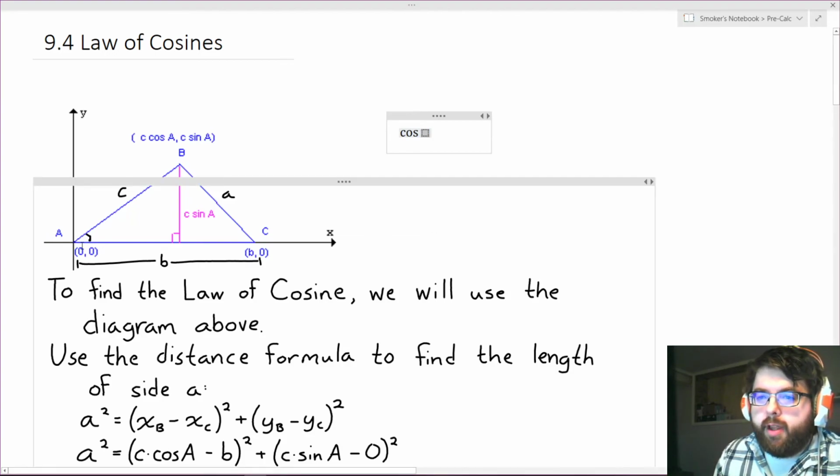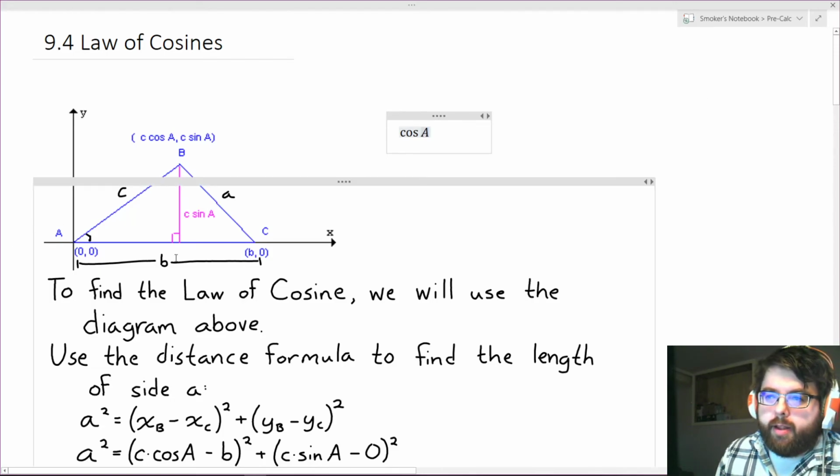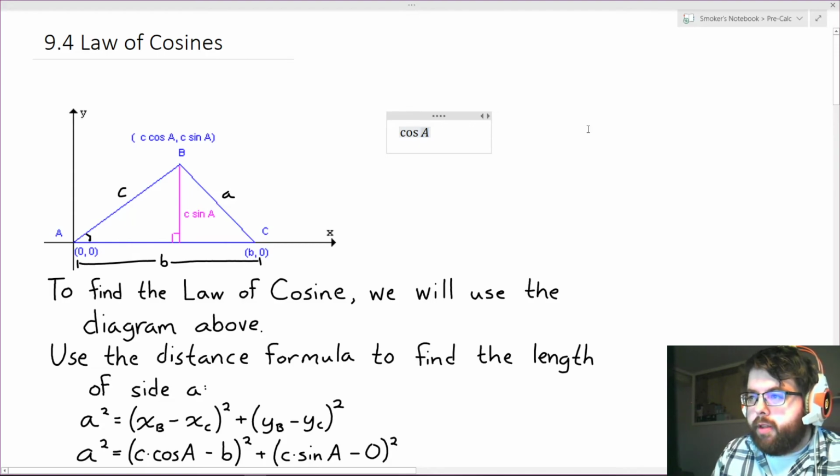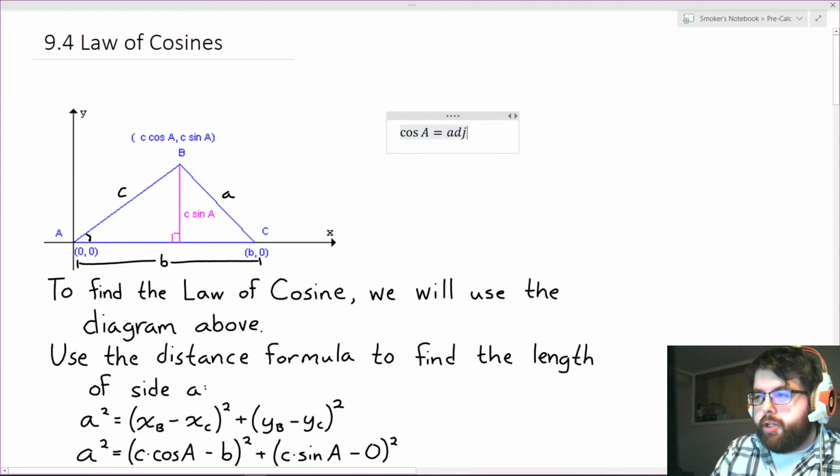I'm looking for this distance here, and the cosine of the angle A, whatever this angle is over here, I'm labeling it A, is equal to the adjacent, which is what I'm looking for, over the hypotenuse, which is c in this case.